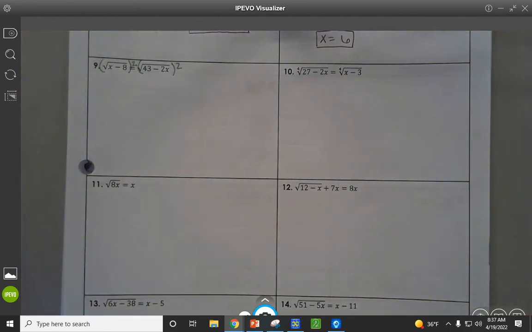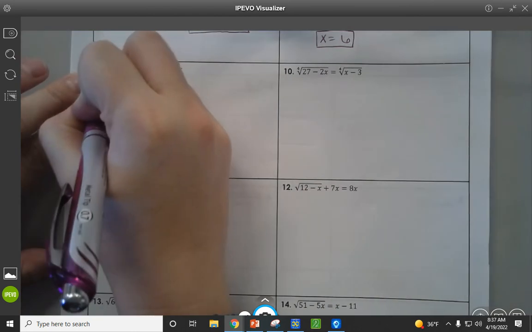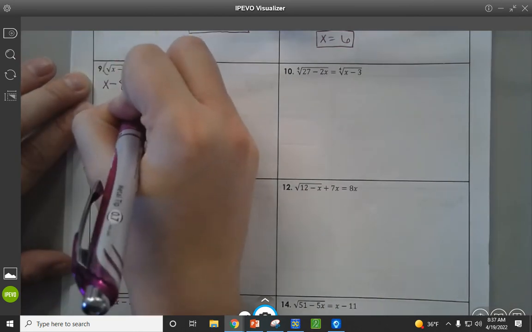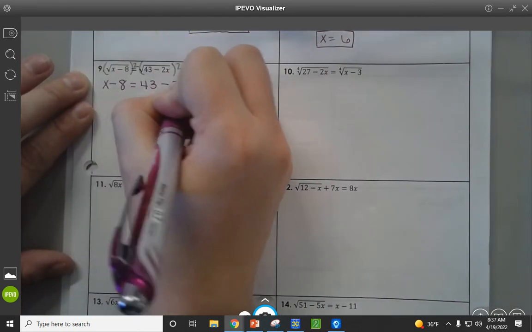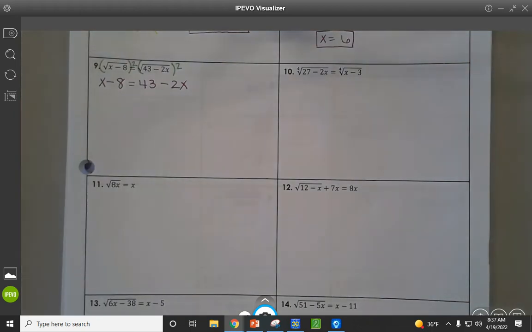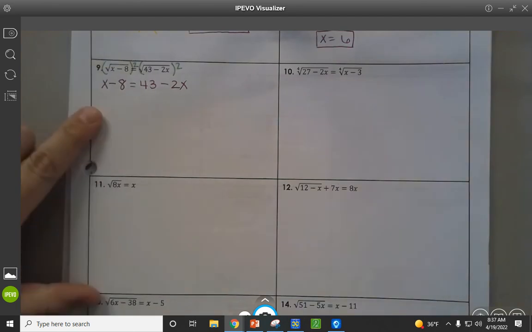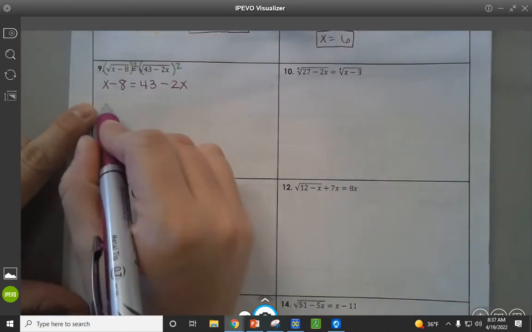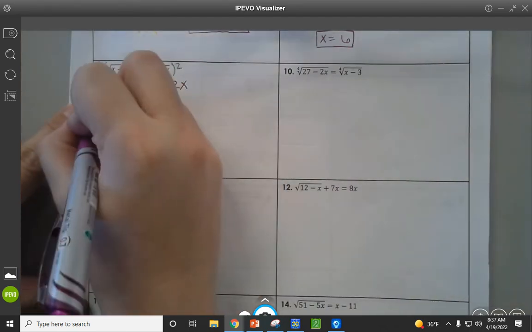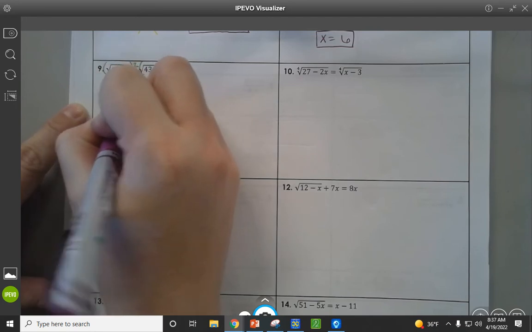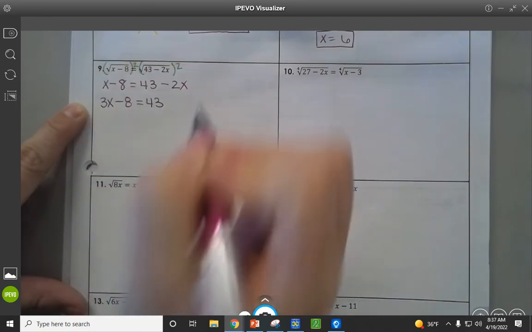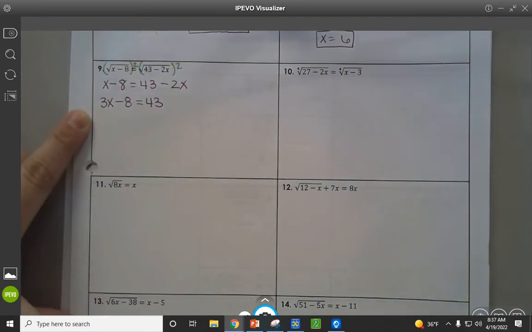If I add 2x to both sides, I get 3x minus 8 equals 43. And then adding 8 gives me 3x equals 51. So x equals what? 17. Or so we think.